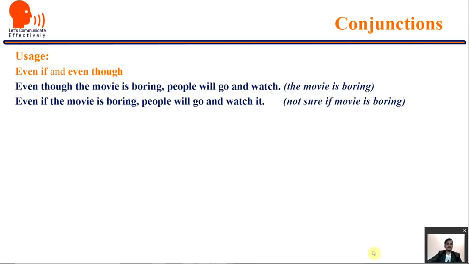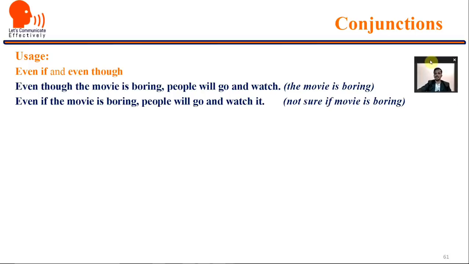Next, even if and even though. Let us look at the proper usage of conjunctions now. Even though the movie is boring, people will go and watch. Here the movie is boring, but still people will go and watch because the movie is of their favorite, let us say, actor or actresses.